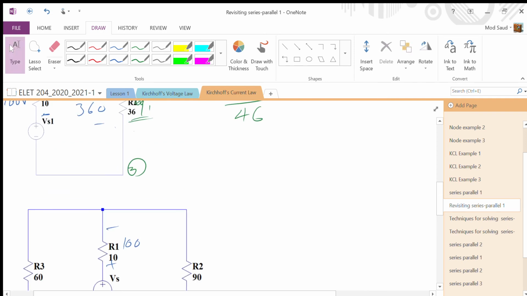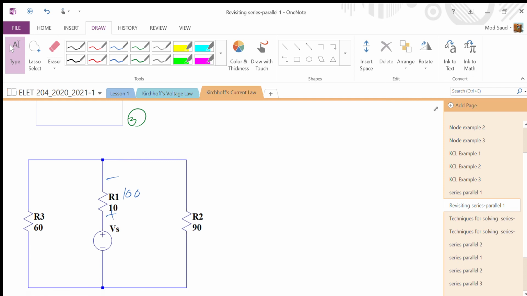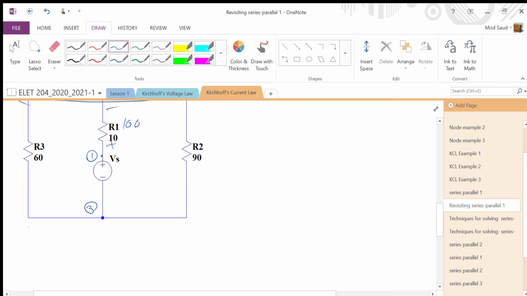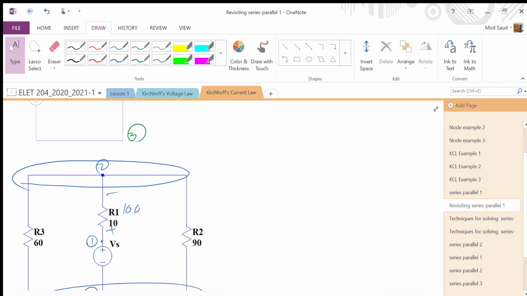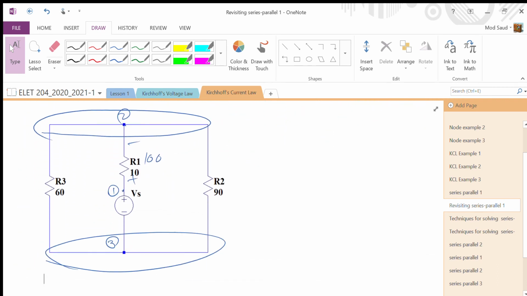This is node number 1, 2, 3. The voltage between node 2 and 3 from this simplified circuit is 360. So this voltage is 360, and the voltage at this node is also 360.